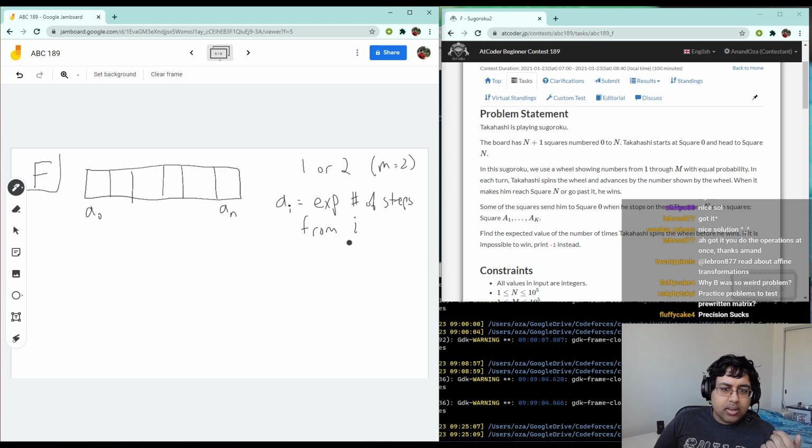And I'm kind of glossing over a few details here. Definitely good to gain some intuition about this, but I'll try to be a little more explicit about them. So the reason that we can do this is because this process is, I think the word is memoryless. So basically the expected value of what's going to happen in the future is just based on your current state, as opposed to your history of how you got to that state.